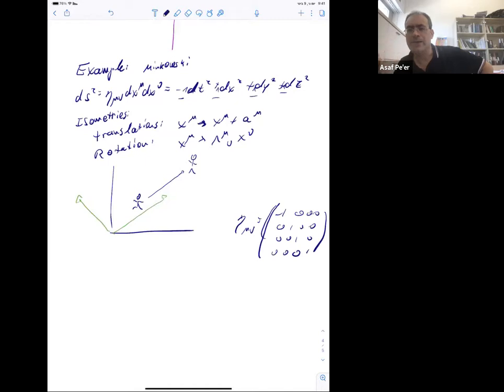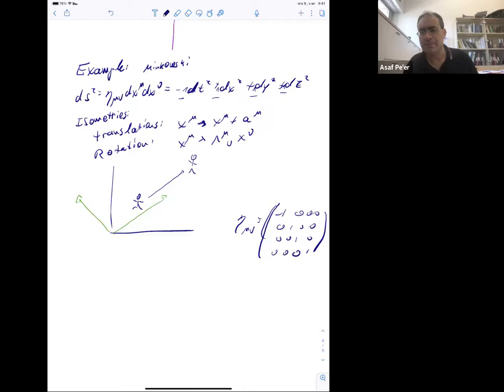I don't have any dependence on the location, x, y, or z, or time. So that automatically tells me that the metric is invariant under translations. It doesn't matter where along the x axis I am, because the metric doesn't depend on the values of x.